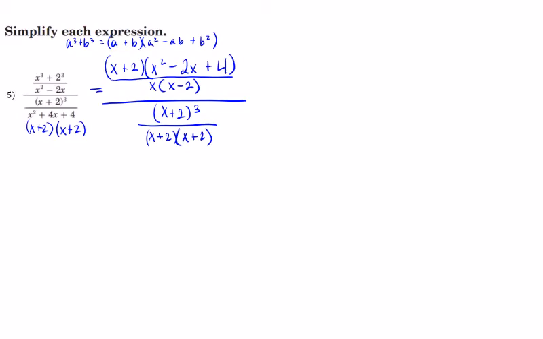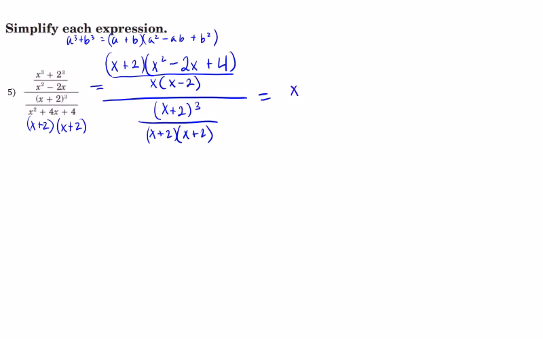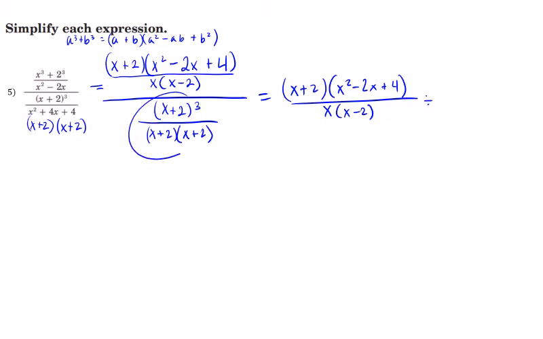Okay, but I do see that I have 3 x plus 2's here and 2 on the bottom. So I can actually cross out 2 of those if I wanted to. I'm going to rewrite this and then we'll reduce. So I'm going to put the numerator fraction first: x plus 2 times x squared minus 2x plus 4 all over x times x minus 2, and then divided by, and then I'm going to put this one, but I'm going to flip it, right?